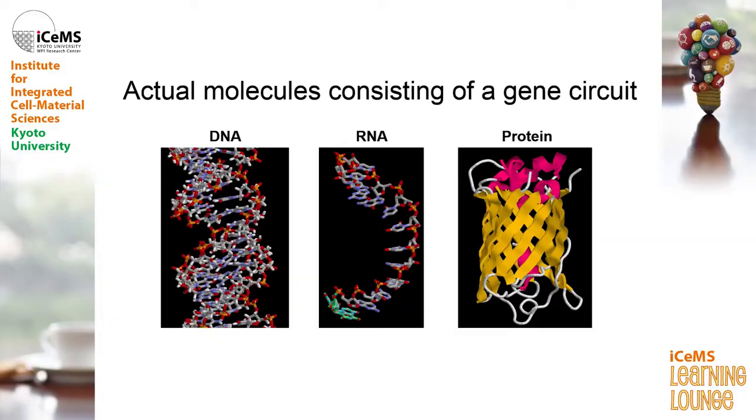Now I'd like to show the actual molecules of the natural gene circuit. DNA is a very famous molecule, and DNA carries genetic information. And the protein is made according to the genetic information in DNA and works as enzymes, and finally determines the cell behavior.